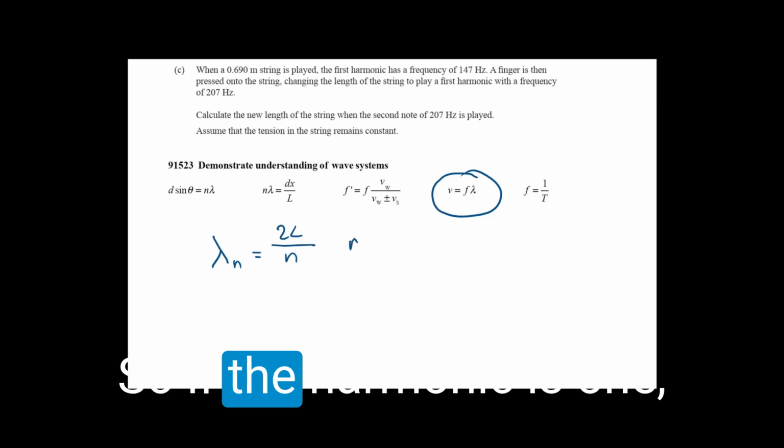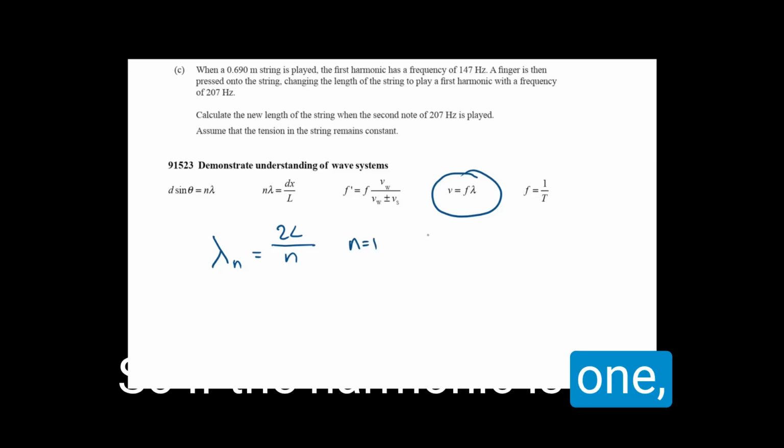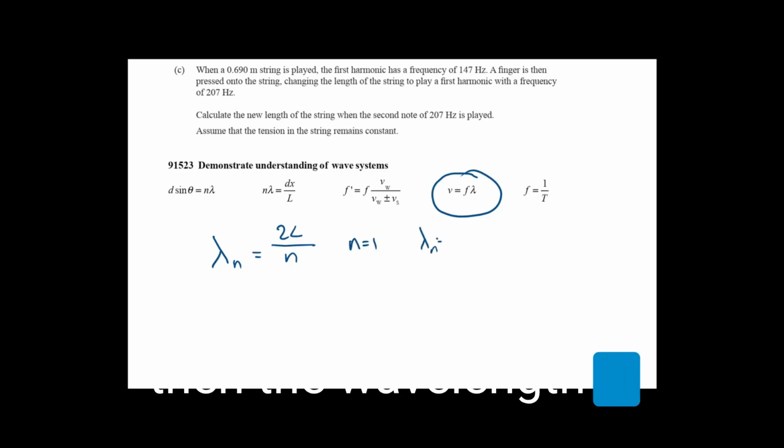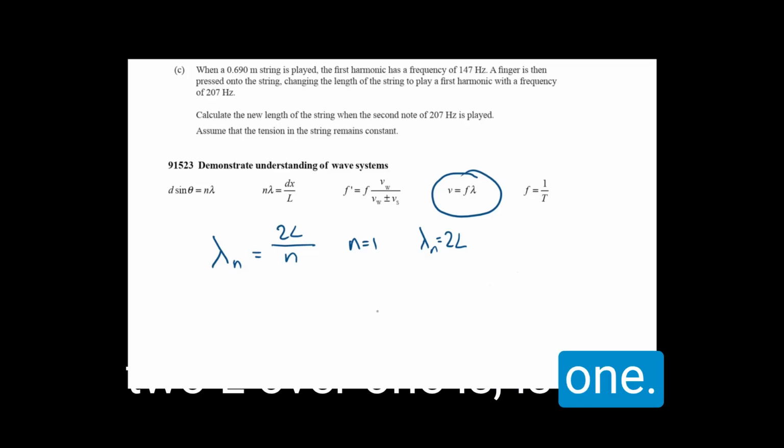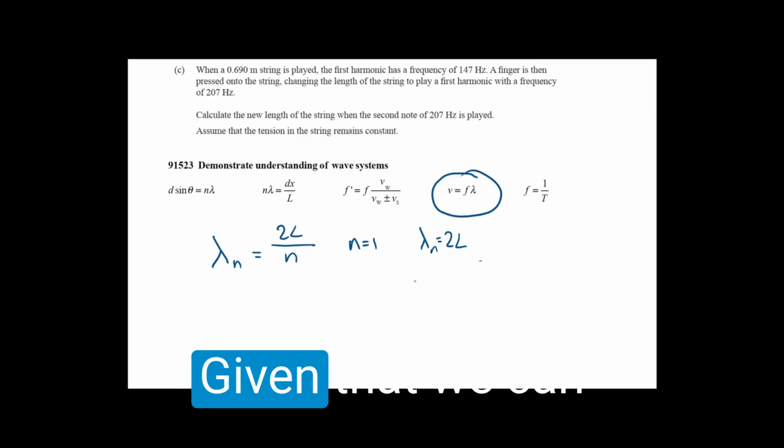So if the harmonic is 1, then the wavelength is going to be 2L, because 2L over 1 is 2L. Given that, we can use this one now.